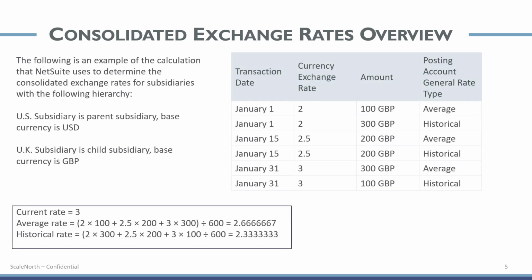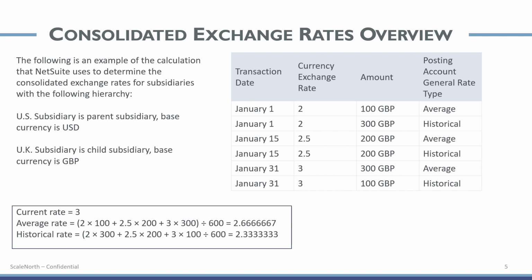An example of how consolidated exchange rates are calculated in a period. In this example, we have a sample hierarchy wherein the US subsidiary is a parent subsidiary with a base currency of US dollars, while the UK subsidiary is a child subsidiary with a base currency of GBP.